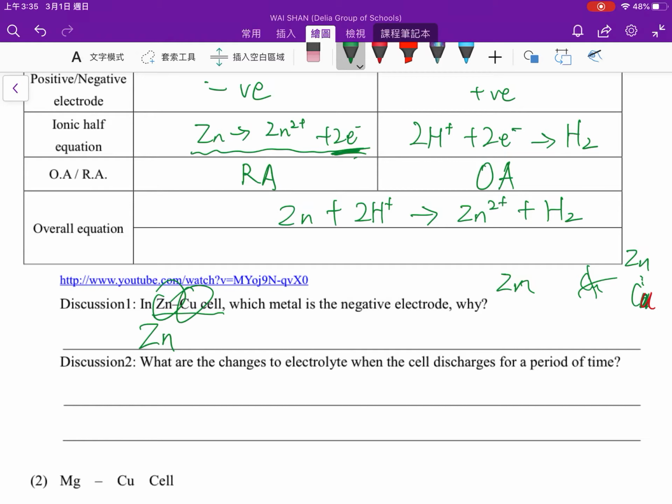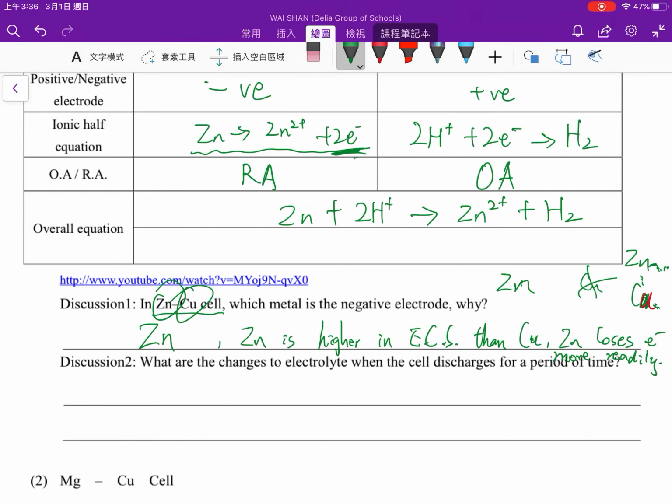On the ECS, the electrochemical series, zinc is also higher than copper, so zinc has a higher tendency to lose electron. Or you may say zinc is more reactive than copper. Zinc loses electron more readily.